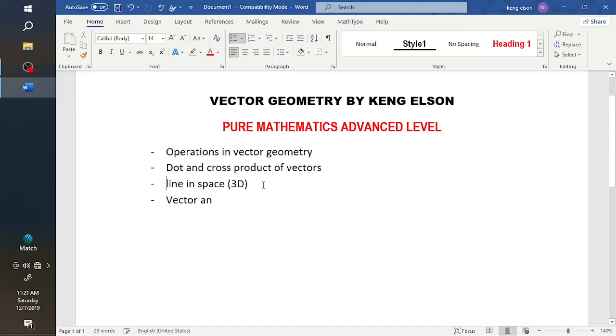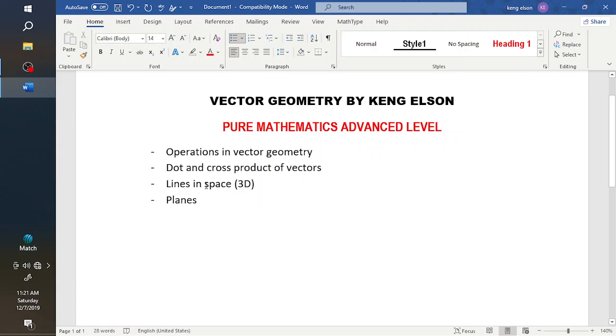So we have lines in space. Then we talk about planes. Basically, these objectives have their separate objectives. These are the main things that you have to note during the lesson.